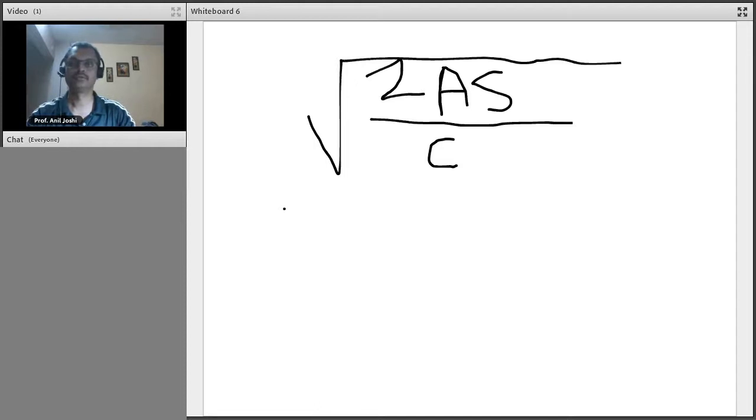So A is your annual requirement, S is your setup cost for each batch, which is constant for every batch regardless of the quantity that you manufacture in that batch, and C is your inventory holding cost per unit per annum.